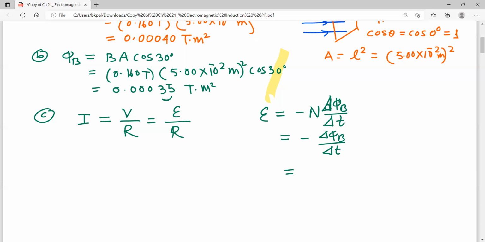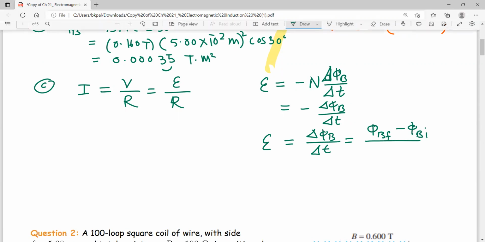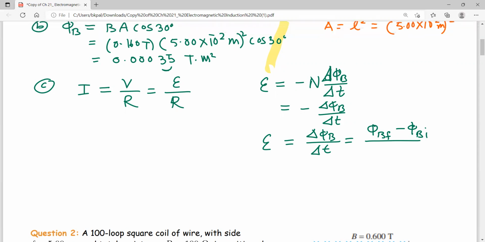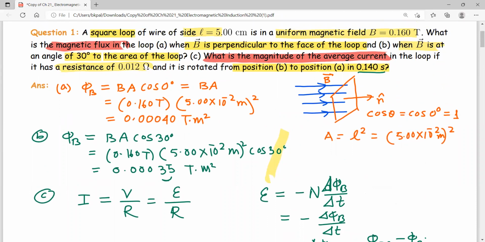So I can write the magnitude of the EMF as the final magnetic flux, when it is at 30 degree, minus the initial flux, when it is perpendicular, over delta t. I missed that information: delta t is given as 0.140 second.